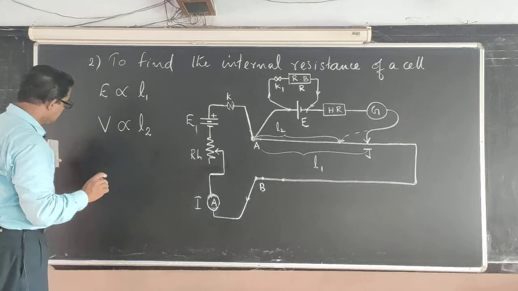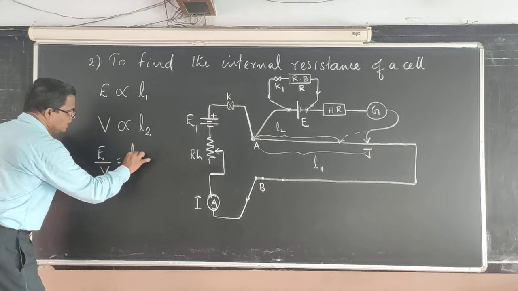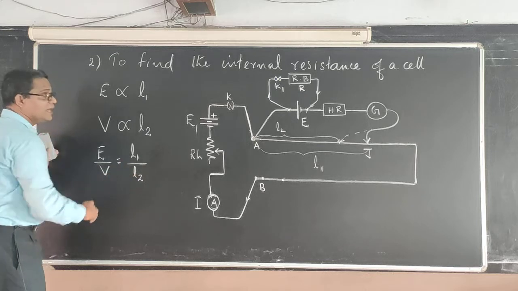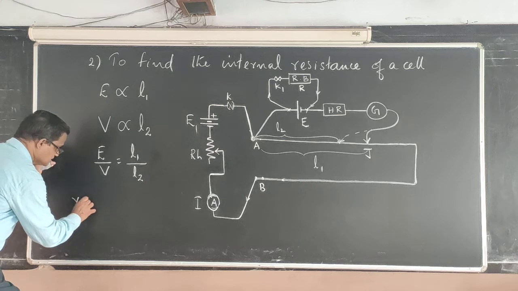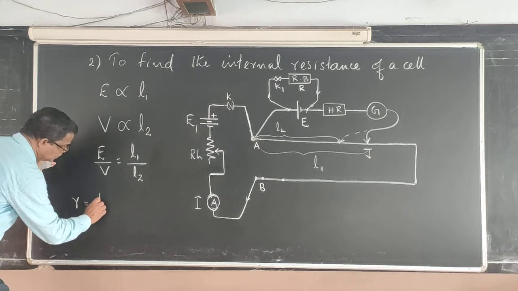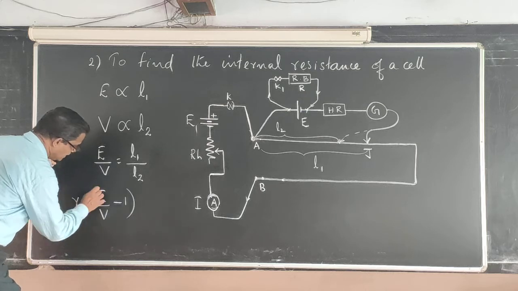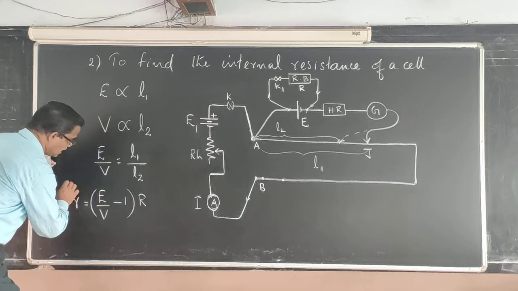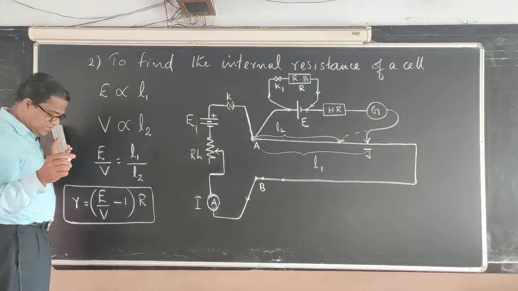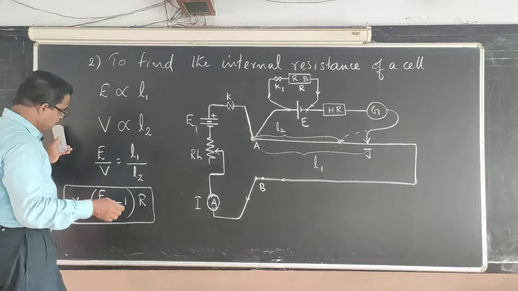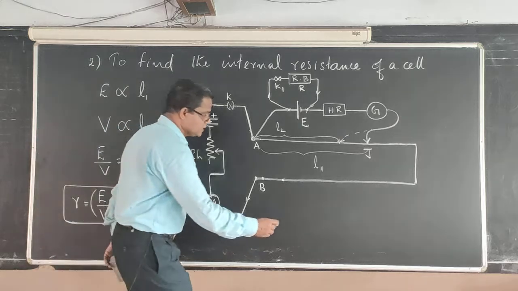Now, you can find E by V, which is equal to L1 by L2, and from the equation, internal resistance r equals (E by V minus 1) into capital R. There is a formula like this for finding internal resistance, and you can put the values into this and get the value of internal resistance.